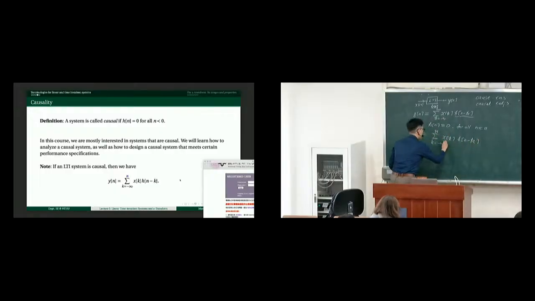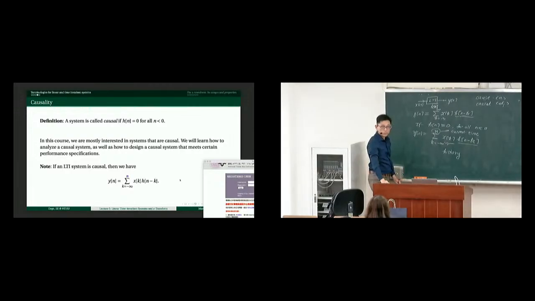Let me say this is history. Look at all the input values in the past, and then sum up to the current time, because our system does not depend on the future. The output does not depend on the future. That is what is meant by causality.